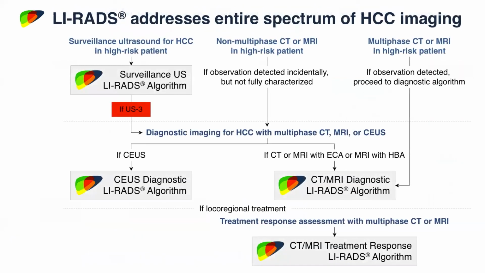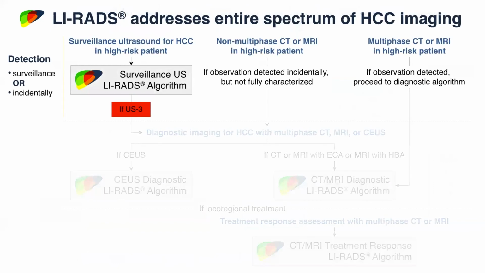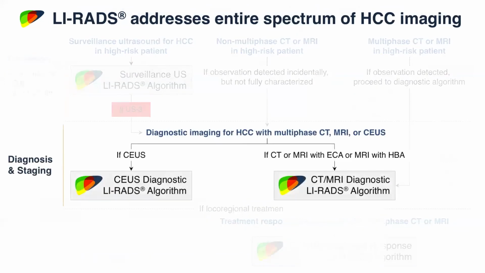LI-RADS. Now, in addition to addressing the entire spectrum of lesions, which I showed you a few slides ago, LI-RADS addresses the entire context of HCC imaging. So LI-RADS applies to detection using ultrasound surveillance. LI-RADS applies to HCC diagnosis using contrast-enhanced ultrasound, CT, and MRI.